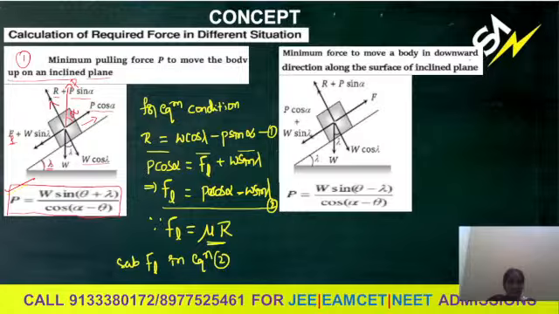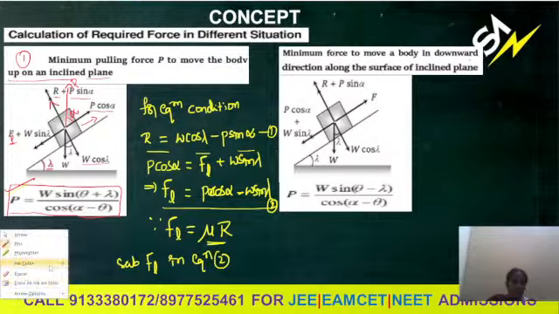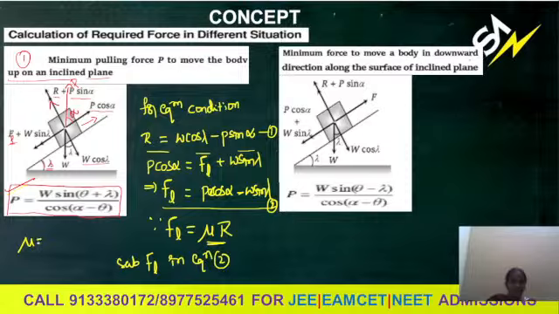Where does theta come from, you may doubt. There is only alpha and lambda. What about theta? Yes, see here. In the previous slide we have already proved that the coefficient of friction is equal to tan theta.